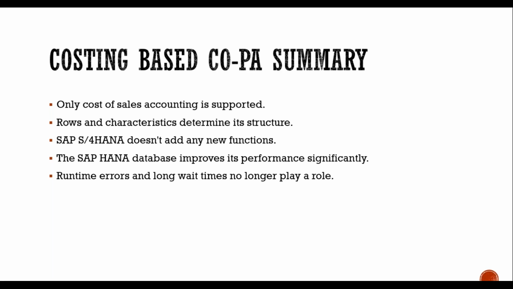In costing based COPA also you'll be able to see the improvement in performance. Runtime errors and long wait times no longer play a role, because we are using the SAP HANA database in the background.